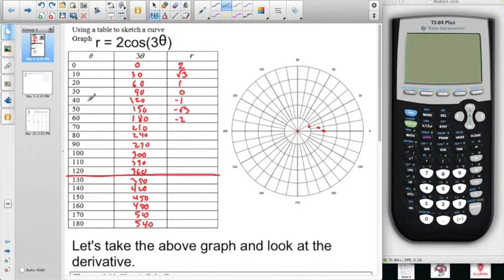If we go to 40, we're at negative 1. So here's 40, and if this is the 40 degree line, then the negative 1 point is right here. At the 50 degree line, we're at negative root 3, about negative 1.7.